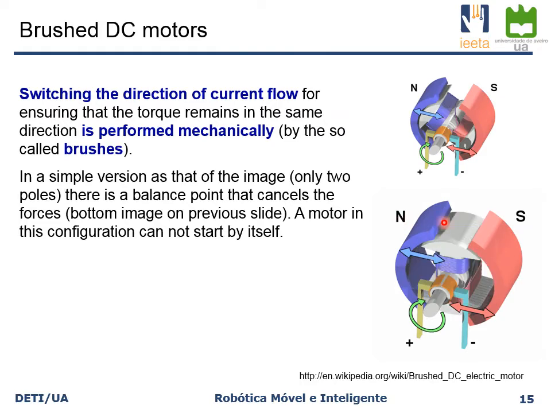So this is an example of a rotating mover. As you can see, the brushes are static, but the connection of the brushes to the coils, which is performed on those copper parts, is rotating, and this ensures the switching and ensures that the motor is rotating over and over again.